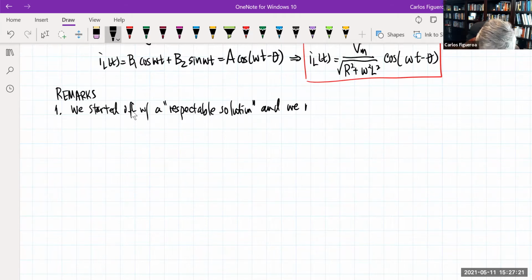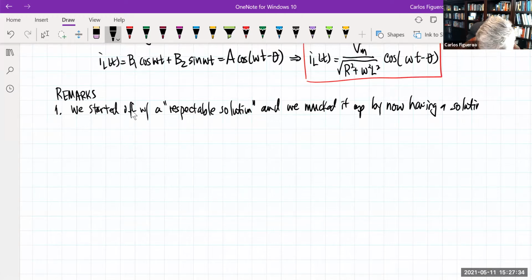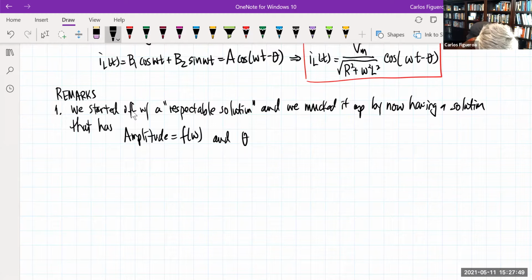and we mucked it up by now having a solution that has amplitude as a function of frequency and a phase, which is a different function of frequency.